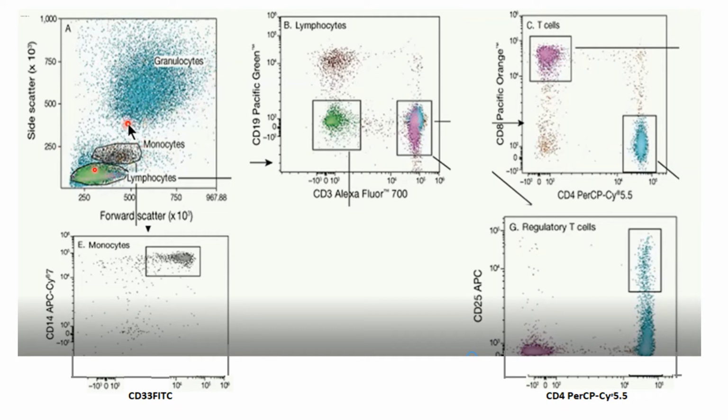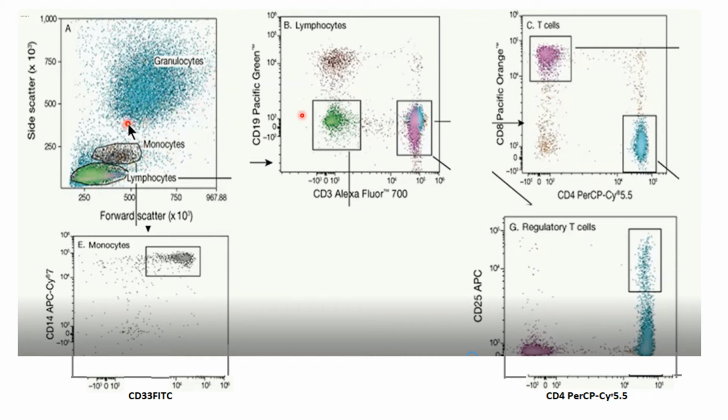We get 3 kinds of cells: lymphocytes, monocytes, and granulocytes. First we have to select the lymphocytes, and for these lymphocytes we look at the x-axis, which is CD3 labeled with Alexa Fluor, and the y-axis, which is CD19.